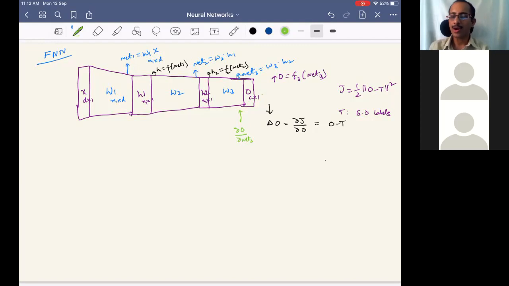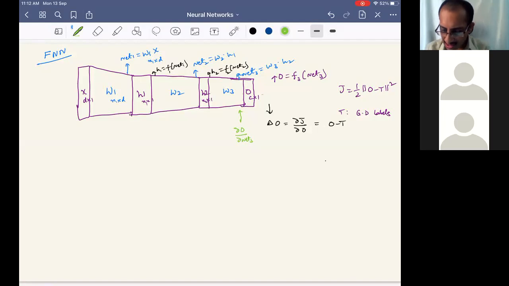When we discuss computational graphs, we may not initially discuss neural networks; for a couple of examples, we will look at them simply as a mathematical trick or simple procedure to find the overall gradients in nested functions, where one function is inside another. So now this is dou O by dou net 3.